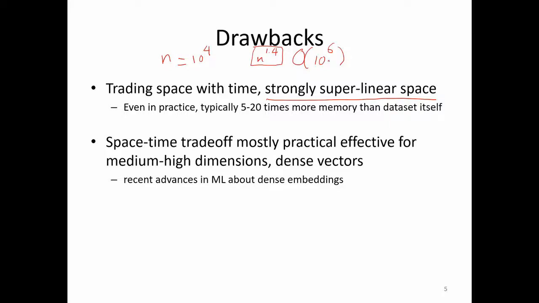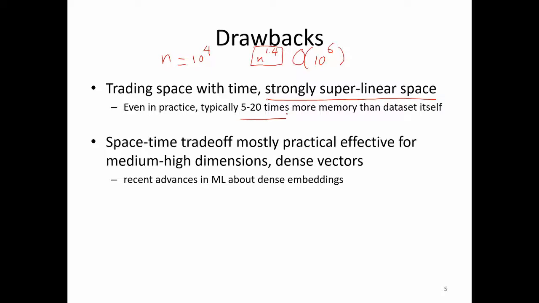Even in practice, people have seen that sometimes your LSH table may take 5 to 20 times more memory than the data set itself. So if you were to store the data set itself, the LSH table will take 5 to 20 times more than that.